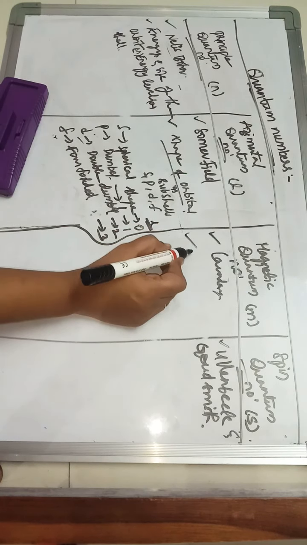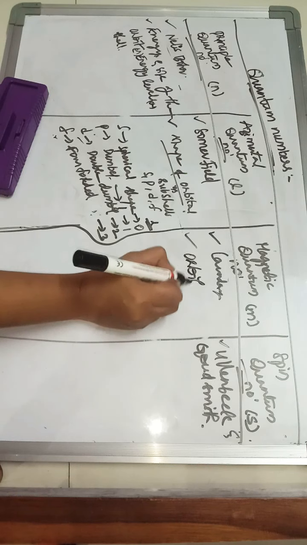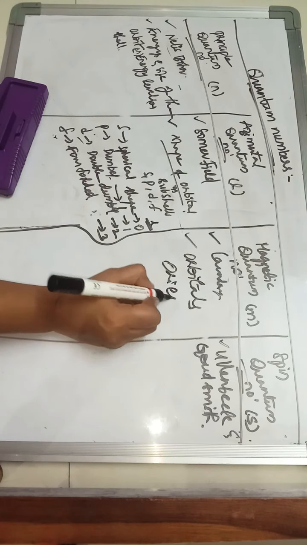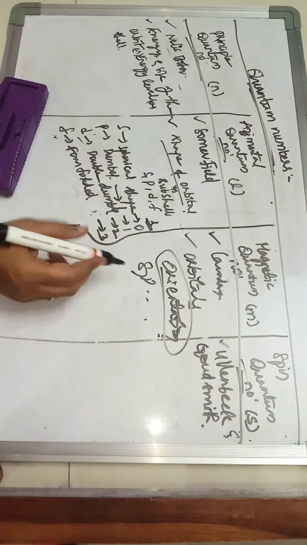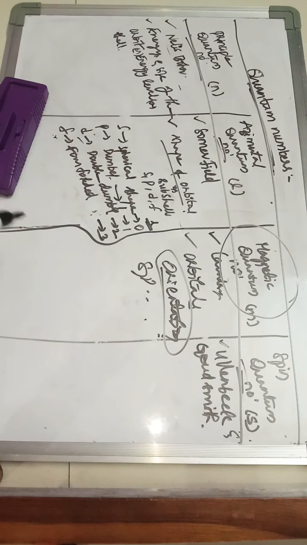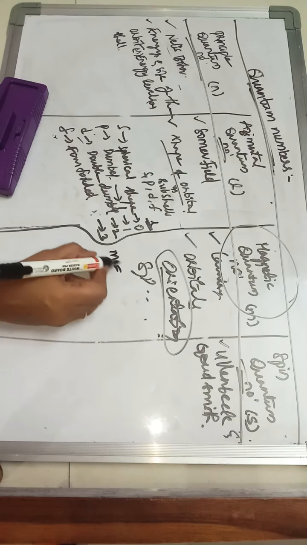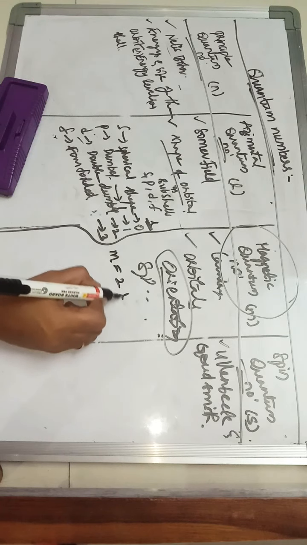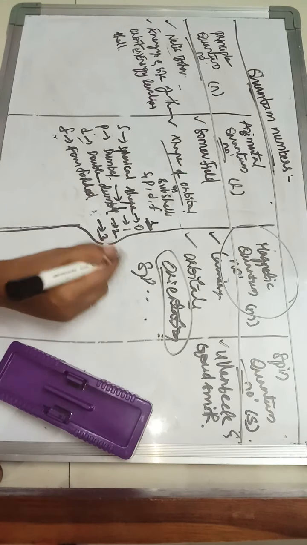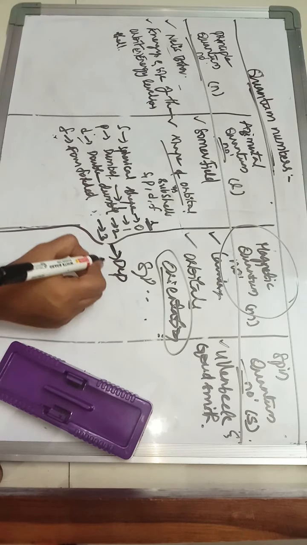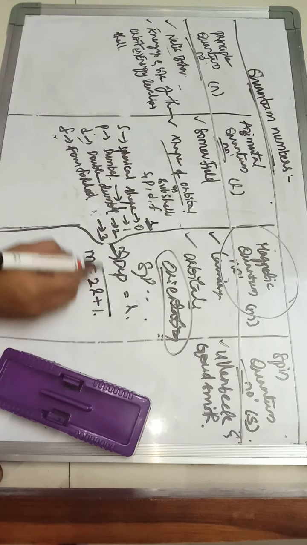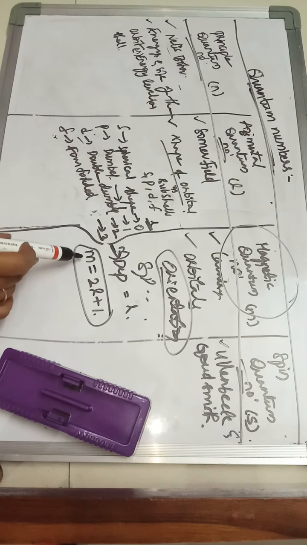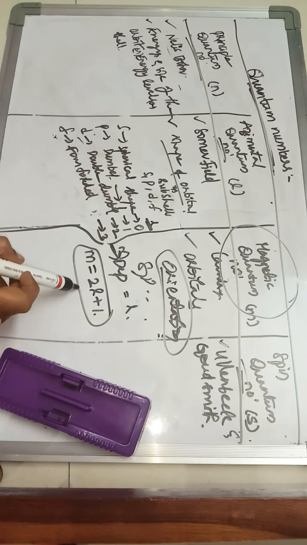And here it explains the orbital orientations. Okay, orbital orientation, which is the SPD orientations. Here the magnetic quantum number explains. Okay, this magnetic quantum number m depends on L value, that is m equal to 2L plus 1 formula. According to this formula, the magnetic quantum number depends on the azimuthal quantum number.